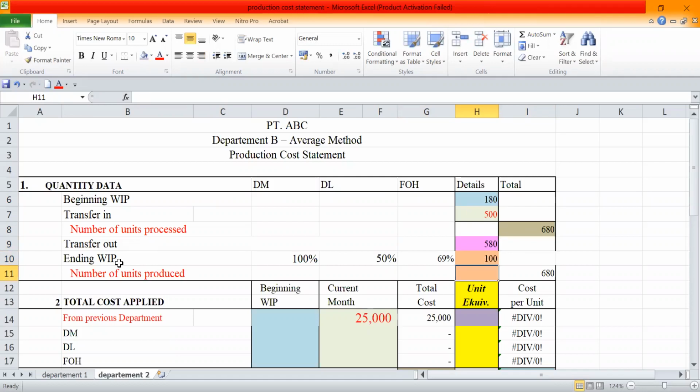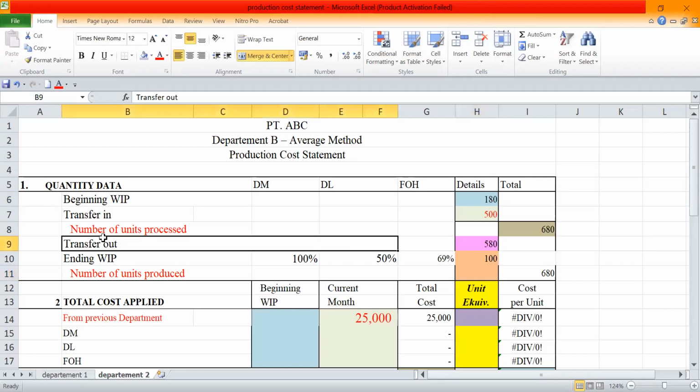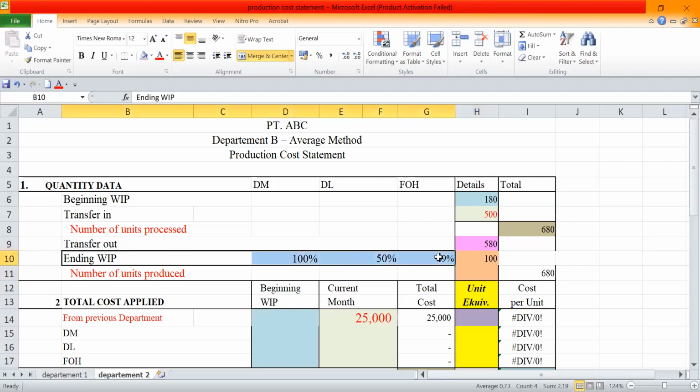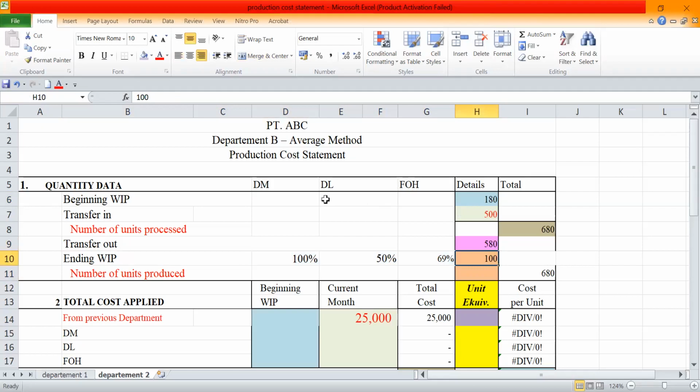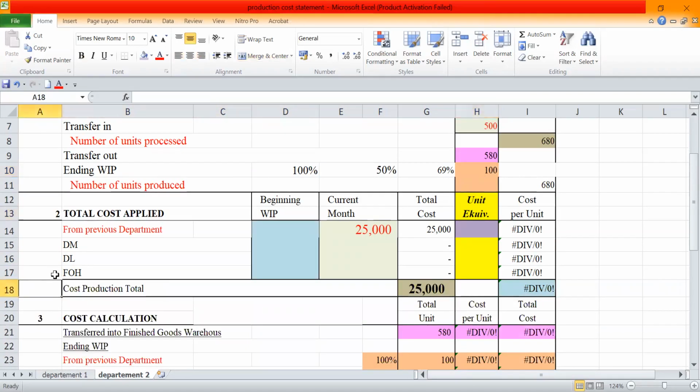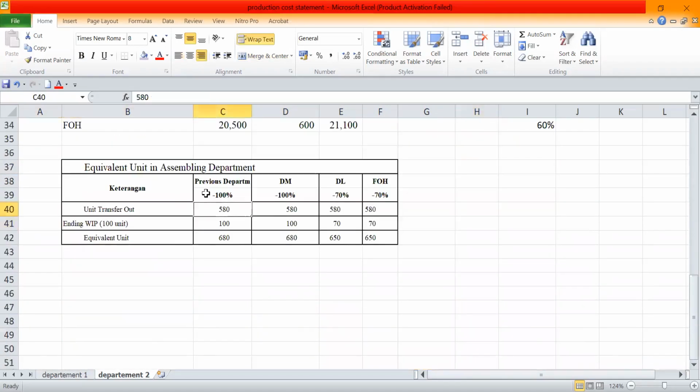And then don't forget to enter the information of the percentage completion of the direct material, direct labor, and factory overhead of the ending work in process. Before we continue to the second and third parts, we go back to the calculation of the equivalent unit. This is the first difference between making the production cost statement in the first and the second department.